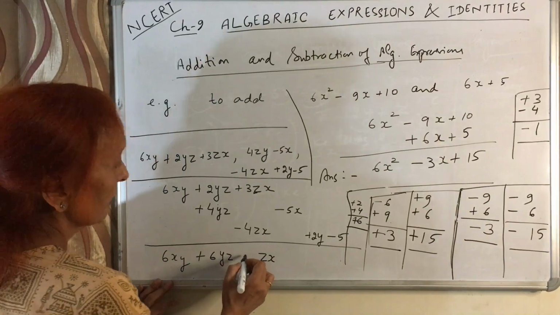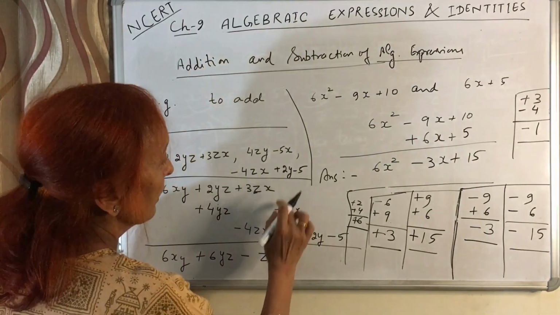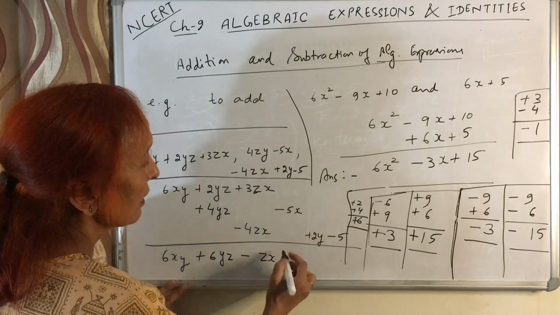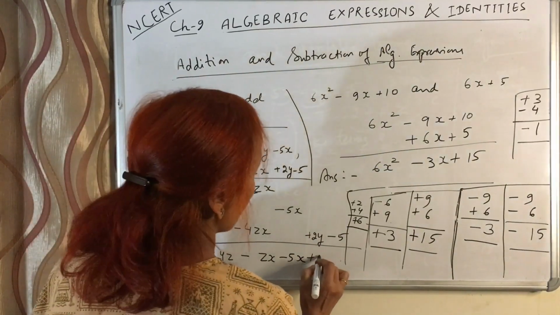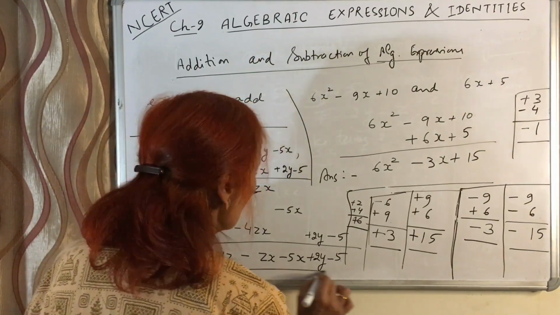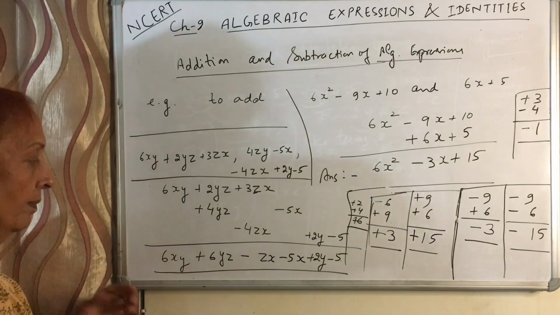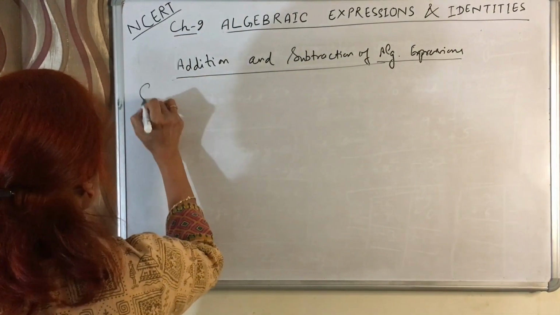So we will write here minus zx, we can omit 1, and here nothing is here, so it is minus 5x only, plus 2y minus 5. So this is the answer. Correct?